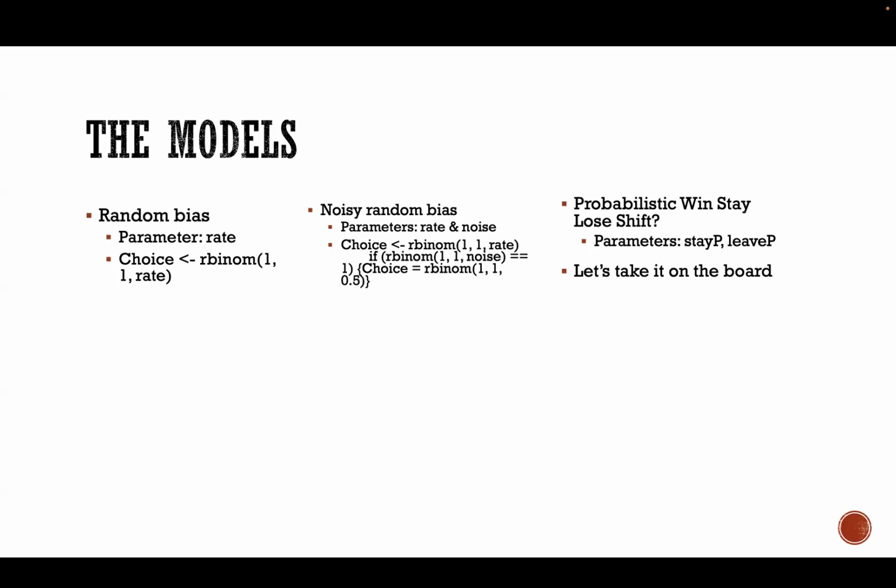Then you can make a linear equation saying stay p times feedback plus leave p times feedback. Right, because then if the feedback is 0, if you lost, then you only keep. If it's 0, you lose both, right? You're right. So the other variable would be one minus feedback, does that make sense?